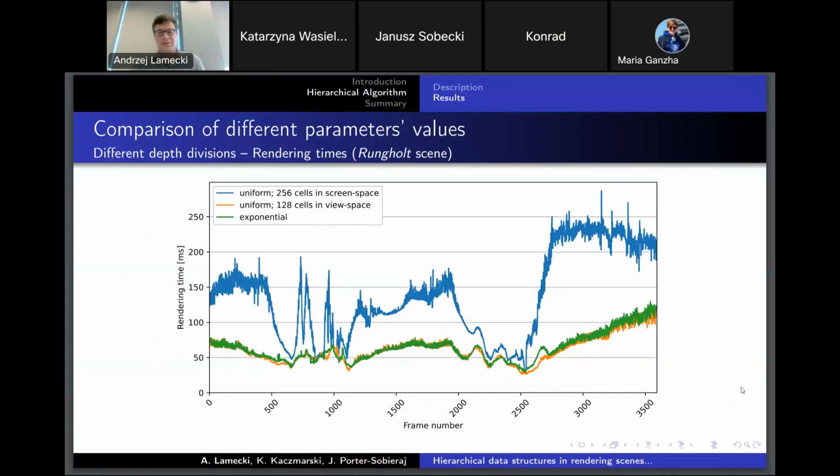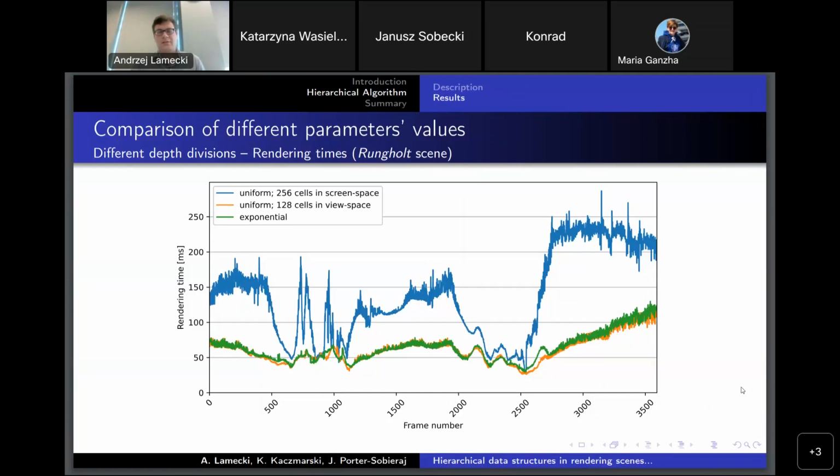The horizontal axis represents frame number, and the vertical axis represents rendering time for that frame in milliseconds for 3 different division methods. And the exponential division scheme resulted in overall comparable times with the view space division.